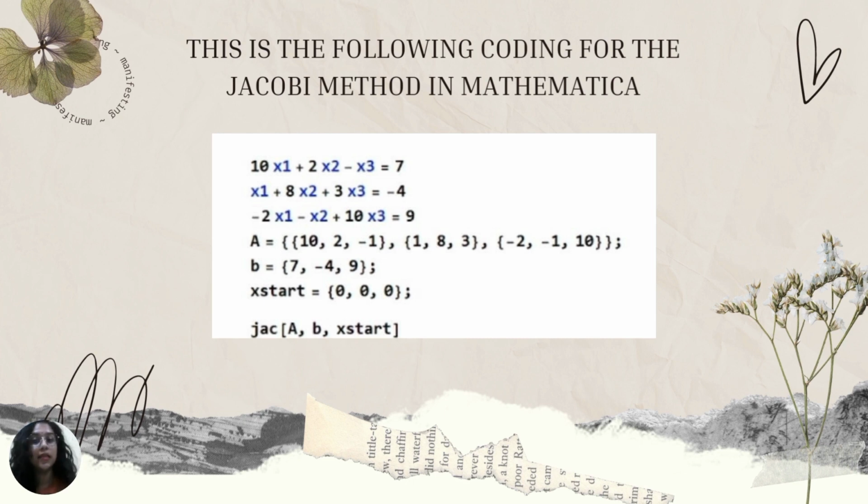X star, as I said, represents the initial guess, so our initial guess is 0, 0, and 0. Last but not least, we have to state JacobiCheck, A, B, X star there so that the following code will complete and we will get the iteration.